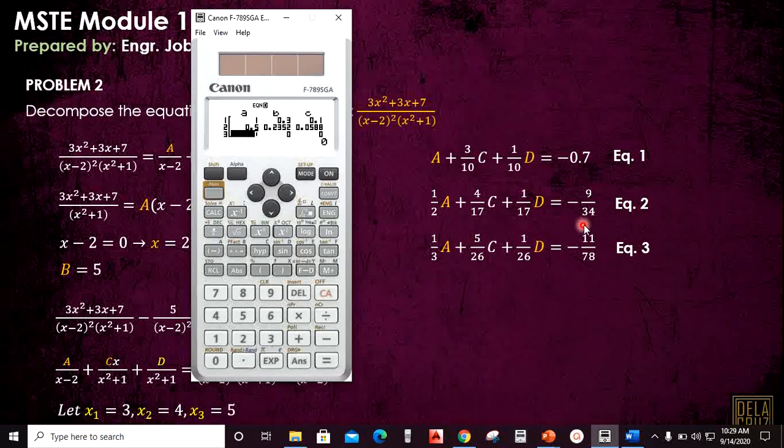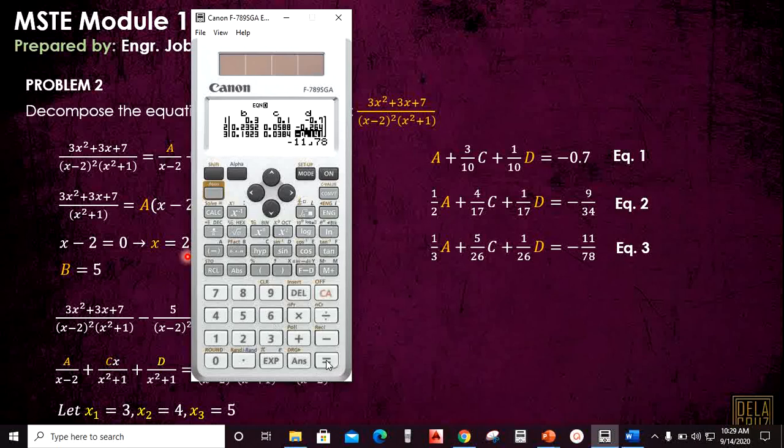Another one, that is 1/3, 5 over 26, 1 over 26, and negative 11 divided by 78.